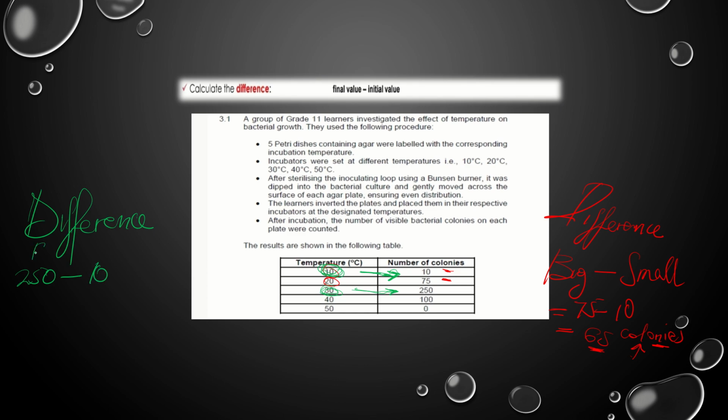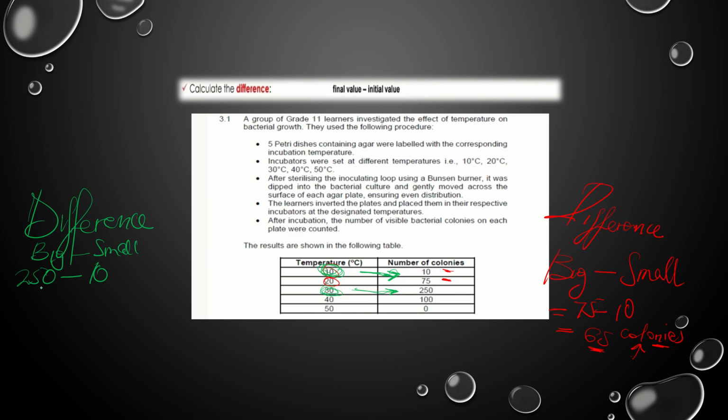Because when we say big minus small value, between those two intervals, between 10 degrees and 30 degrees, the one with the big number of colonies is 30 degrees.